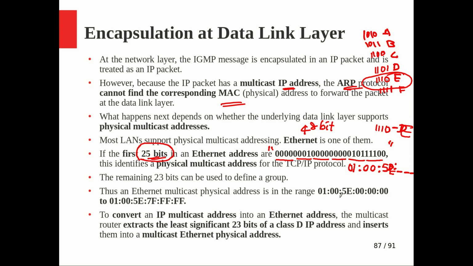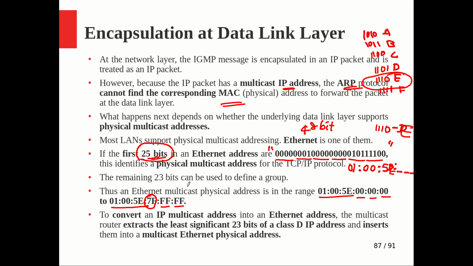So 01005E, and what about the remaining part? They can vary from all zeros to all ones, so that it will be FFF. So why is it 7F here? Because 25 bits are fixed, so all combinations we are not looking at.